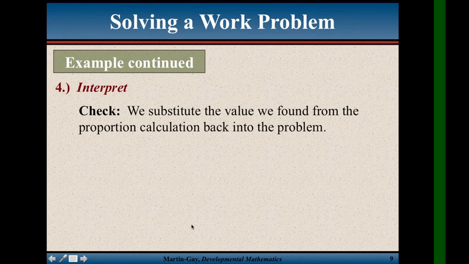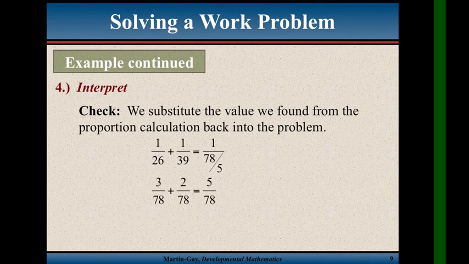So, check. We substitute the value we found from the proportion calculation back into the problem. So, we have 1 over 26 plus 1 over 39 equals 1 over 78 over 5. So, we have 3 over 78 plus 2 over 78 equals 5 over 78. So, kinuha lang yung LCD kanina. So, yung LCD nito, 26 and 39 is 78 both.